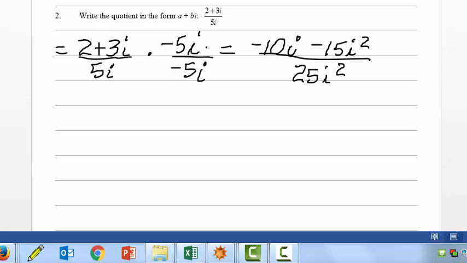And we're going to replace the i squareds with -1, since i squared equals -1. So in place of the i squareds, we're going to put a -1.